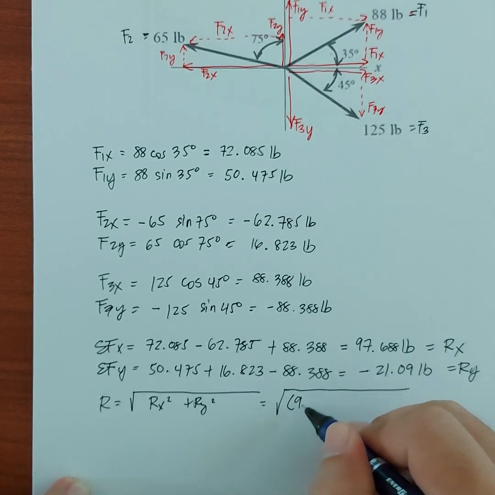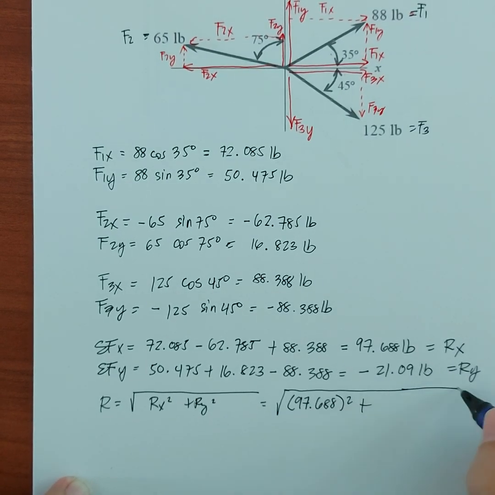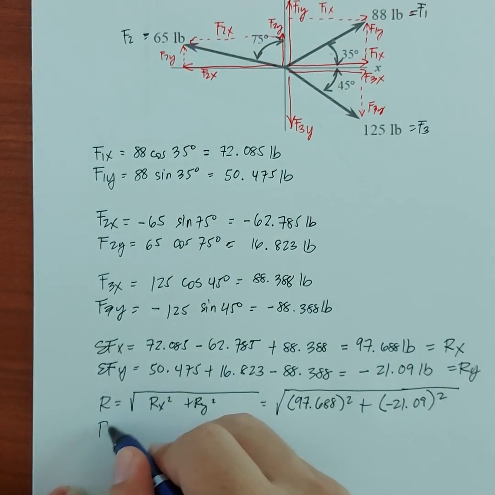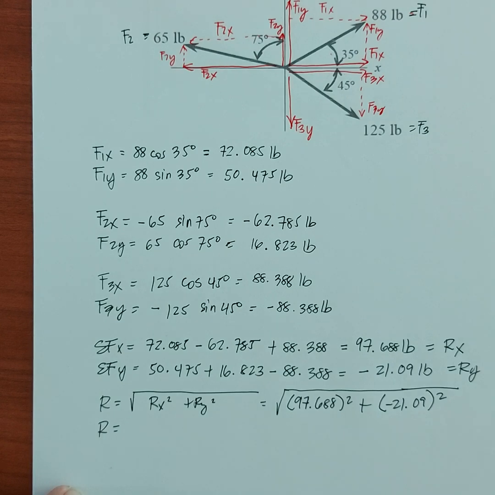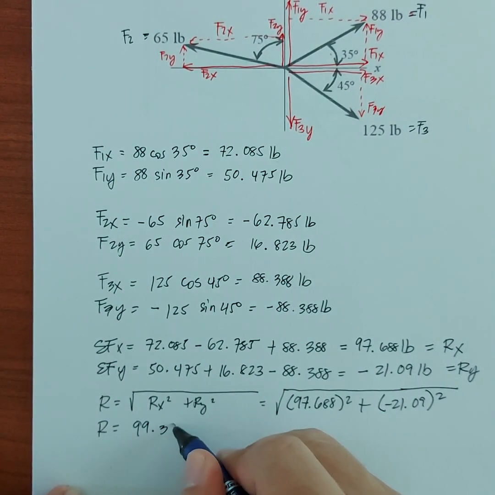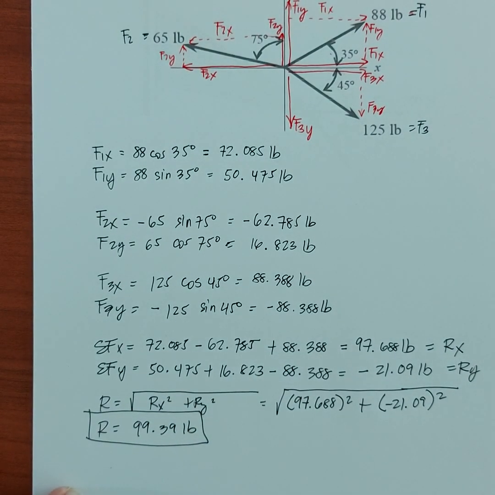So we have 97.688 squared plus negative 21.09 squared. Alright, so the resultant force is equivalent to 99.39 pounds. Yung ba hinihingi sa problem? Tama. So, yun yung resultant force natin.